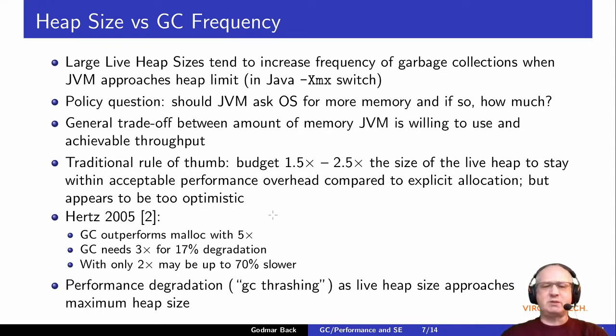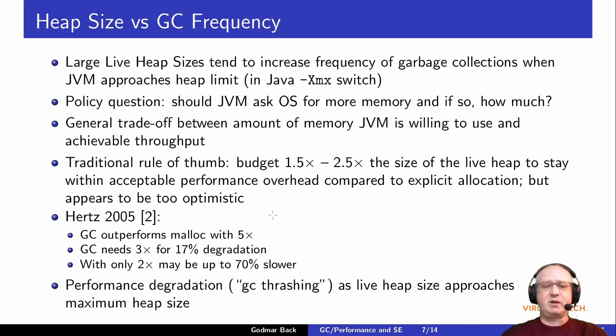So what is a good amount of memory to budget in order to achieve tolerable garbage collection overhead? Traditional wisdom had it that one should budget between 150 to 250% the size of the live heap to stay within an acceptable performance slowdown. However, there are past studies, for example, a study in 2005 by Hertz and others, that found different results.